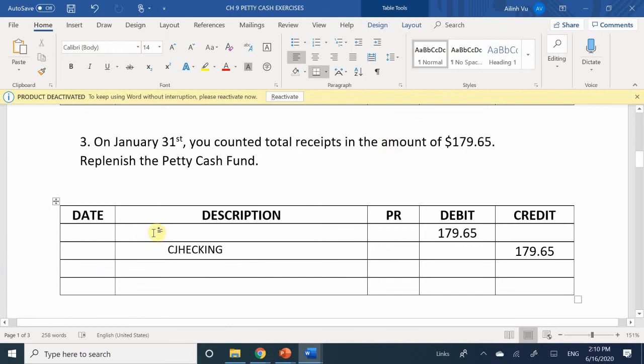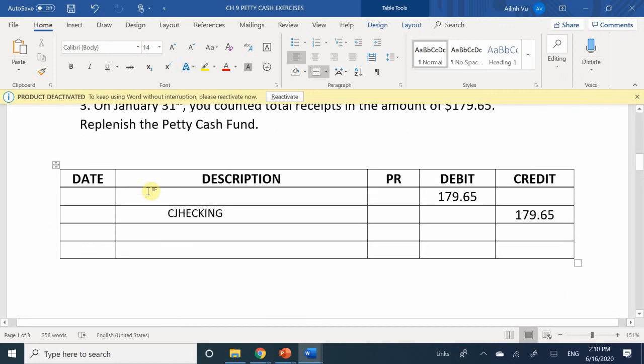Receipt. I heard Jabrea say receipts. I think I need to change this problem. Don't we have to itemize?